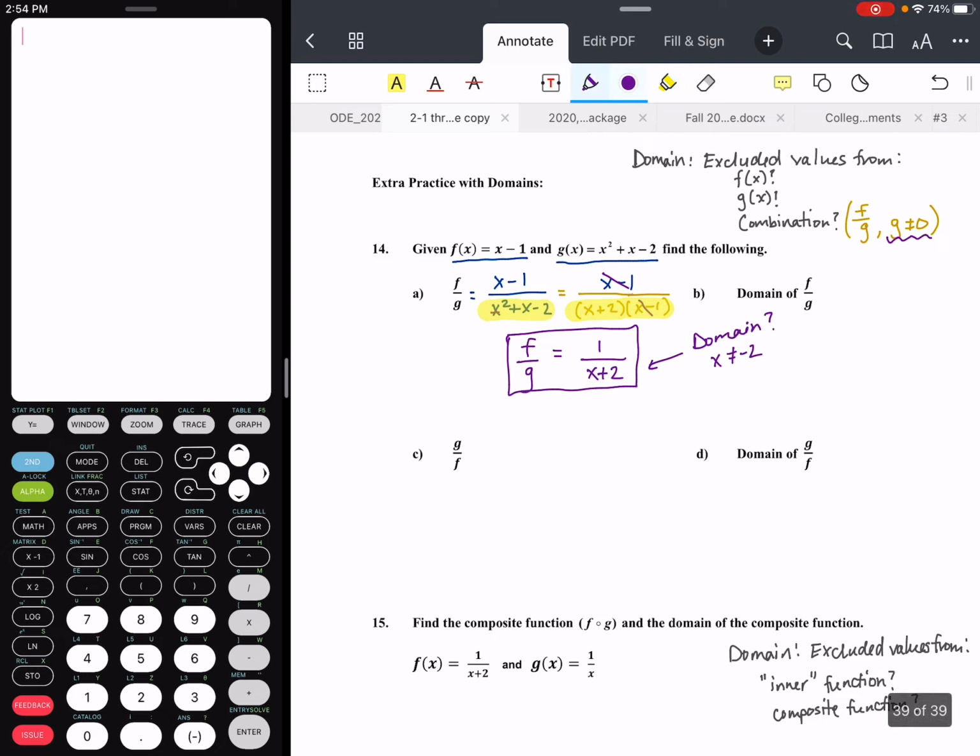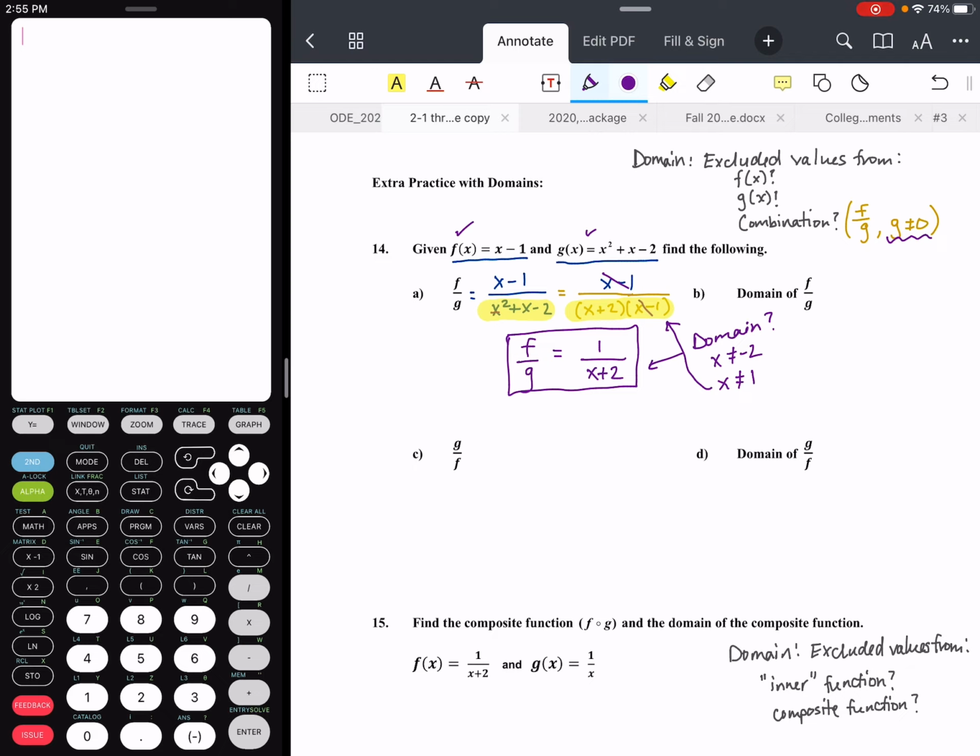So that means that I also have to exclude an x value of 1 because that would also create a 0 in that original denominator before I simplified it. Okay, so f of x itself is a polynomial function, no domain restrictions. g of x, no domain restrictions. But when I get to the quotient, I'm looking at the original denominator function before I factored and simplified to calculate the domain. So my domain needs to exclude not only negative 2, but also positive 1.